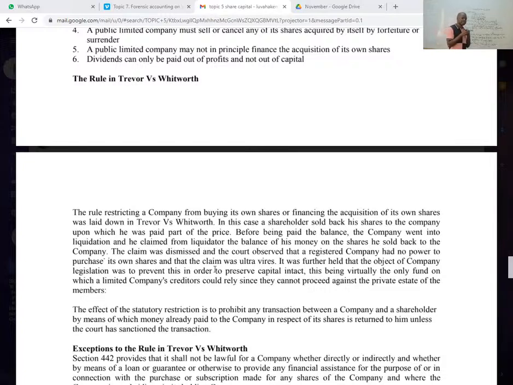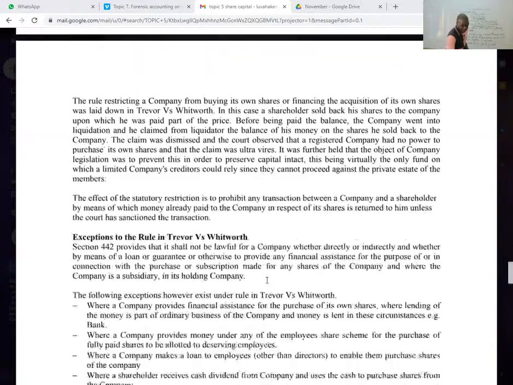So just like other major rules in company law, the rule in Trevor versus Whitworth has exceptions. So what are the exceptions? The exceptions are categorized into two: under directly purchasing and under financing. So you can go through the exceptions just down there.